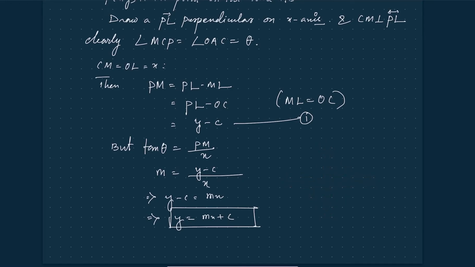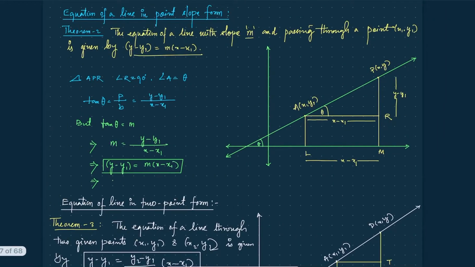Okay, next one I am going to discuss here. Here you see the equation of a line in point-slope form. What is the equation of the line in point-slope form? The equation of a line with slope m and passing through a point (x1, y1) is given by this one.